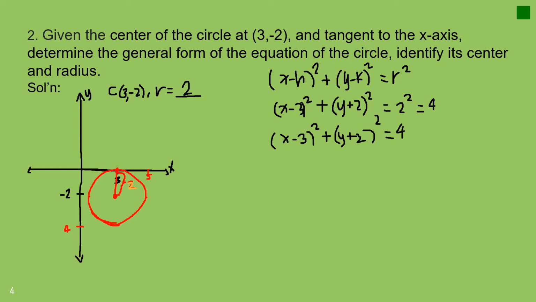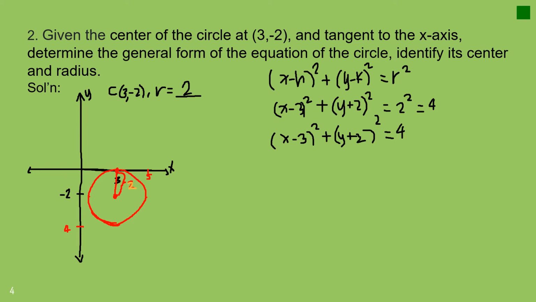But we are not asked for the standard form of the equation of the circle. We are asked to give the equation of the circle in general form. So to find that, we just need to simplify the standard form of the equation of the circle.